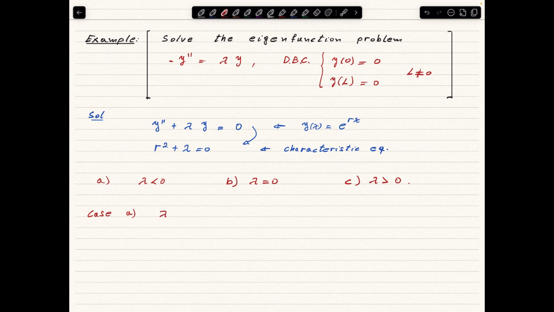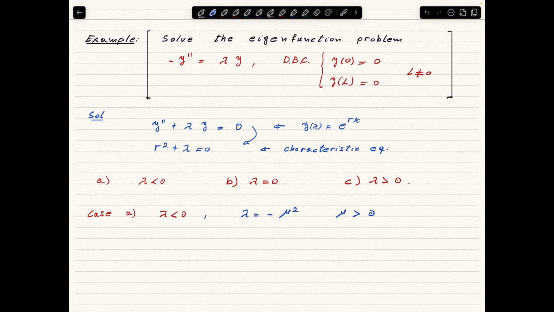Okay, so let's start with case A. So lambda is negative. Because we assume lambda negative, we are going to write it explicitly as negative something squared. And the something, let's call it mu, is going to be positive. So then the negative sign is explicitly written.